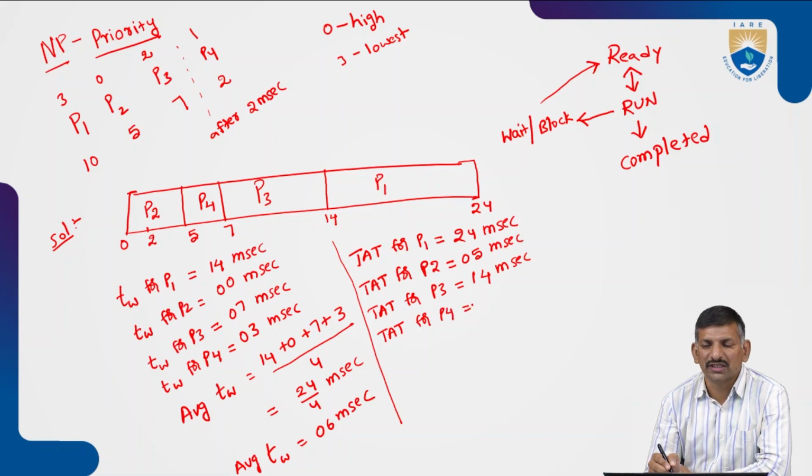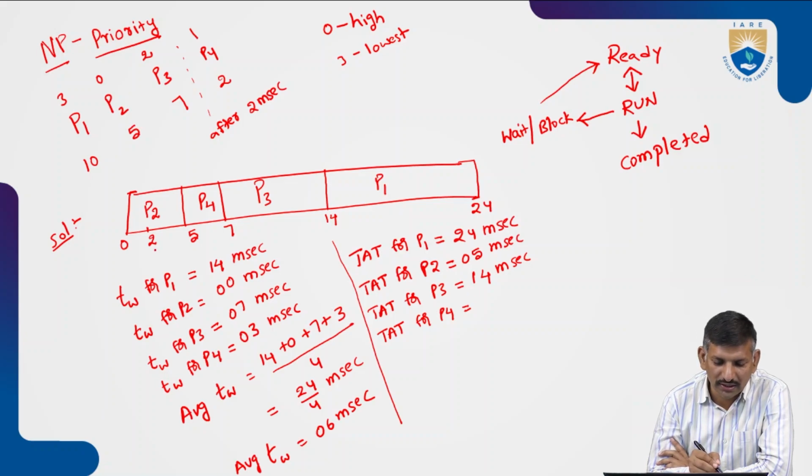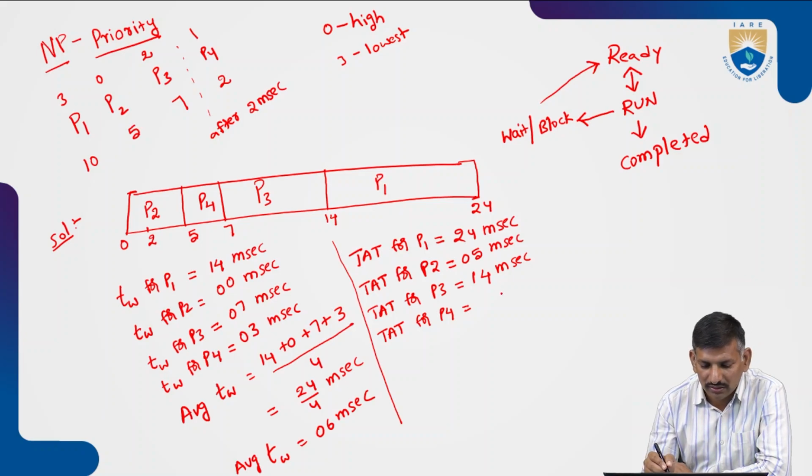Turnaround time for process P4: it entered into the ready state at the 2nd millisecond and its execution is completed at the 7th millisecond. So the total turnaround time for process P4 is 5 milliseconds.